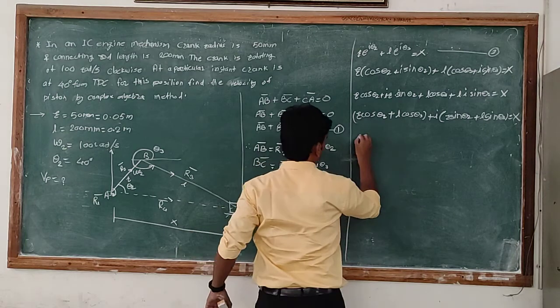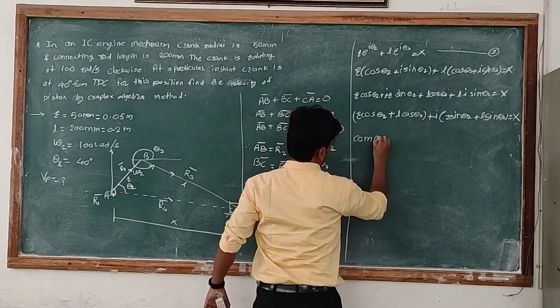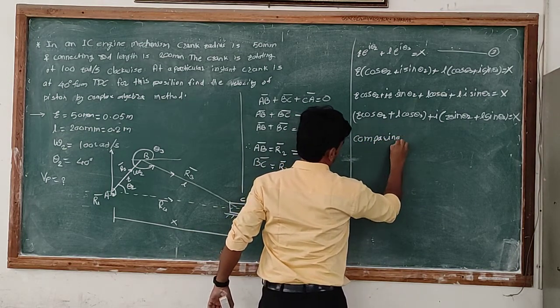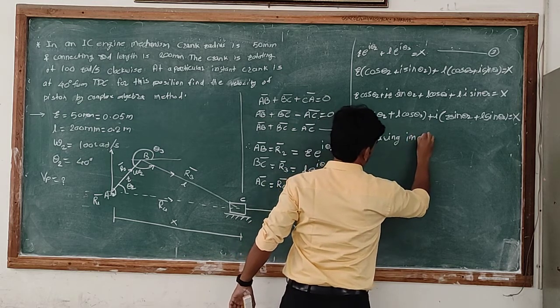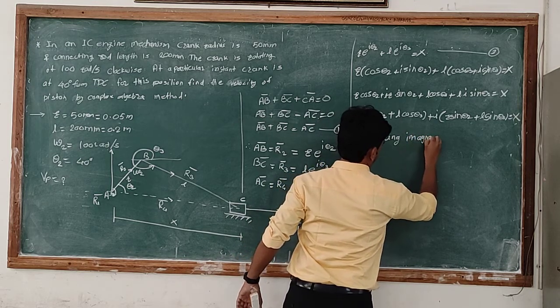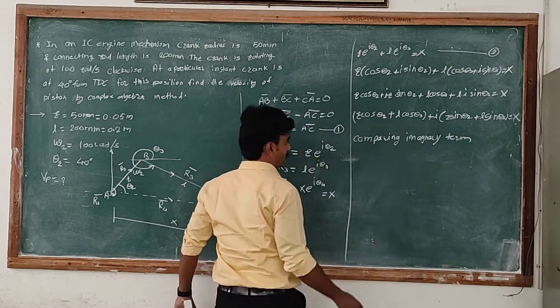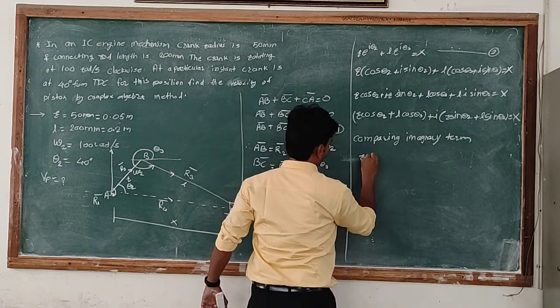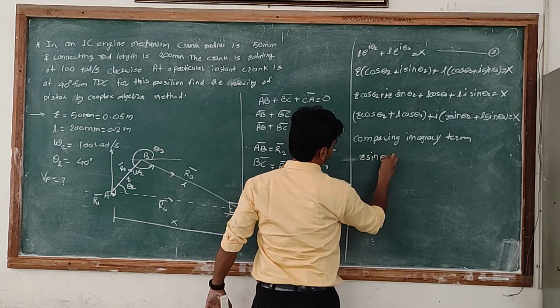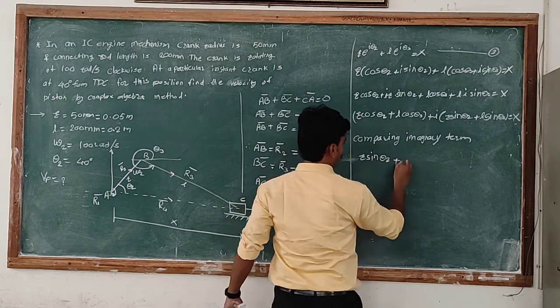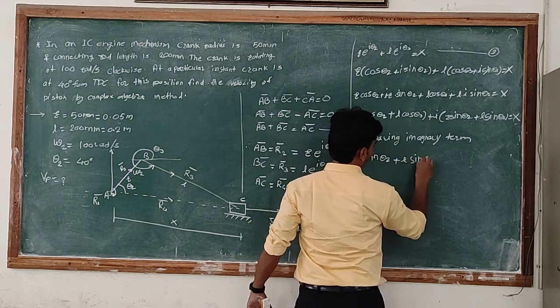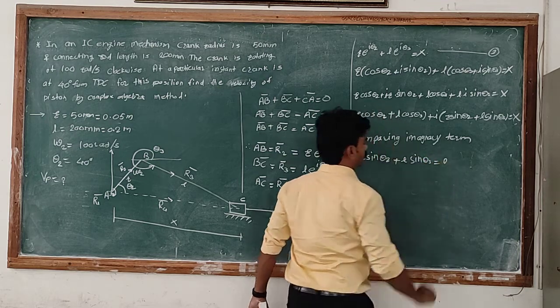Therefore, comparing the imaginary term, we will get r into sin of theta 2 plus L into sin of theta 3 is equal to 0.